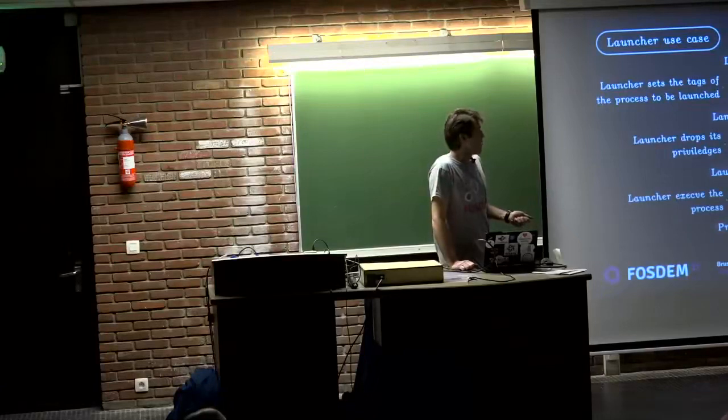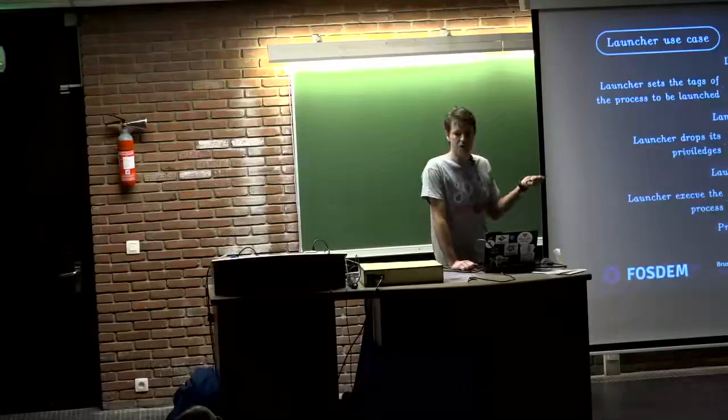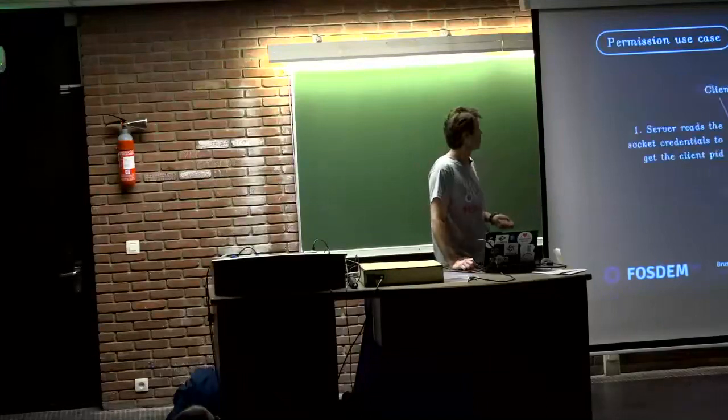Here are two paths, because in fact it's not mandatory to use this to remove the privilege, but you have to have privilege before. So it's the issue with the launcher. A launcher has to be privileged and then drop its privilege. So that's an issue with the launcher use case.